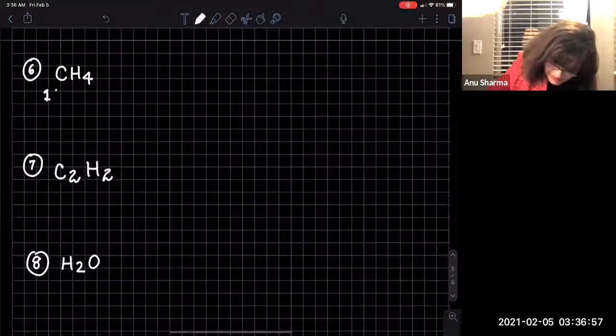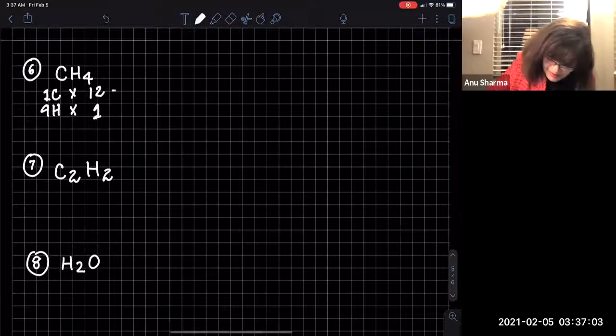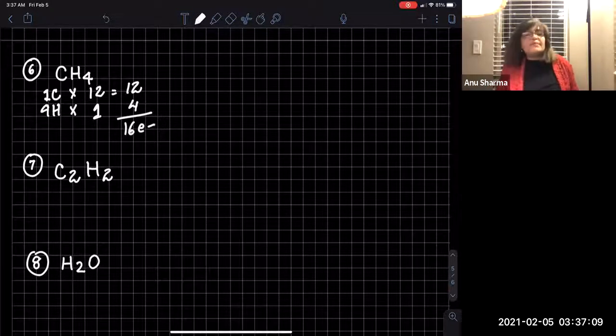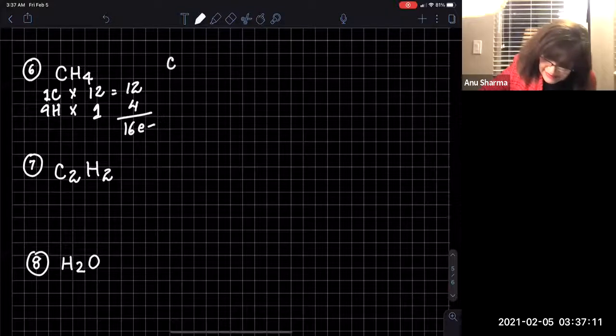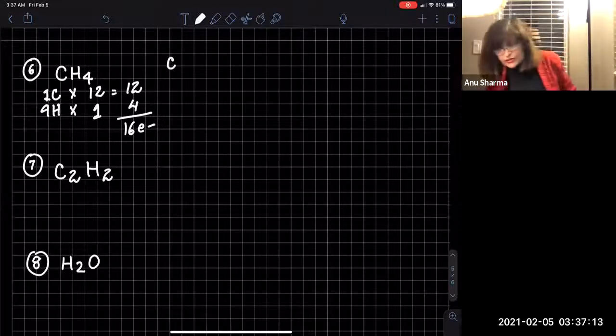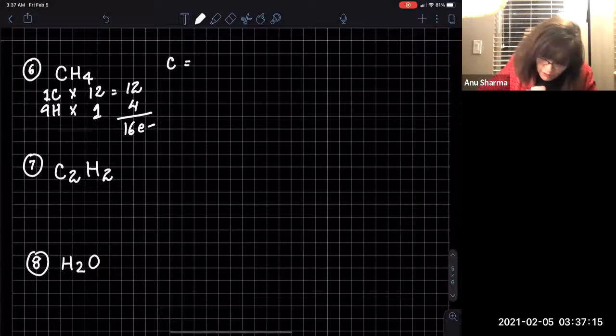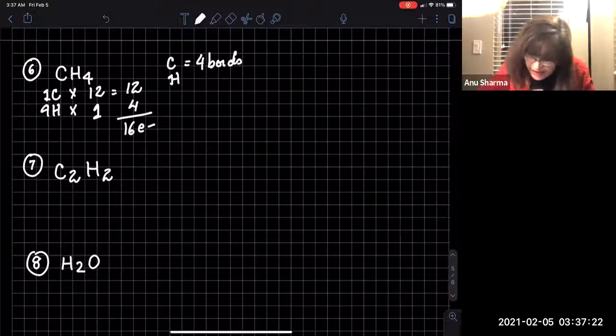So 1 carbon and 4 hydrogens. 1 carbon is 12 and 4 hydrogens is 1 each. So 12 plus 4, 16. Okay. Now carbon can make 4 bonds, and hydrogen is making 1 bond.